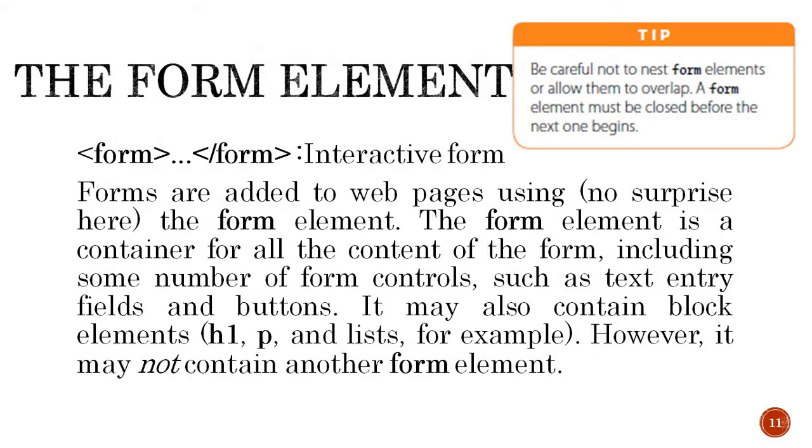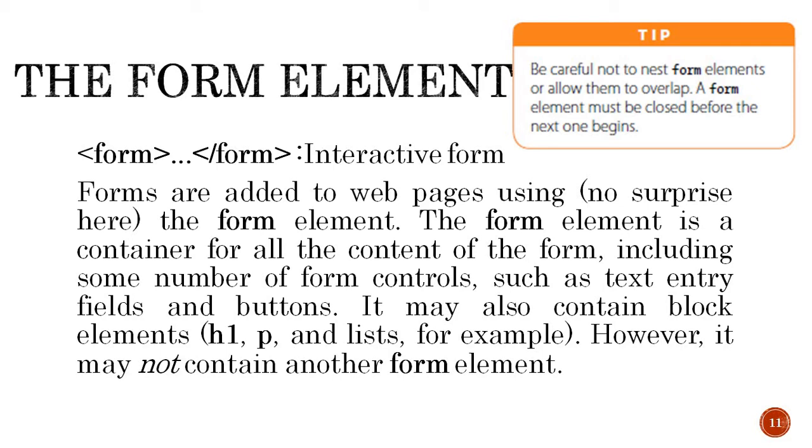So now let's understand the form element. The form element makes an interactive form. If you want to make an interactive form, then you need to use the form tag within the HTML part. Forms are added to web pages using the form element. The form element is a container for all the content of the form, like text boxes, checkboxes, radio buttons, and text entry fields.